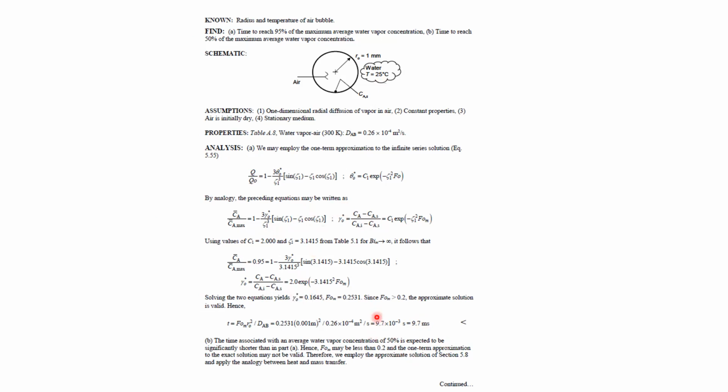It can only be said after analysis. When it is a large concentration of vapor and mass transfer is happening, you can just use this equation. But when it comes to lesser concentrations, 50% and so on, maybe half of the maximum value, the one-term approximation is not valid. It will give a wrong value. So we need to be very careful when we are using such approximations. Okay.